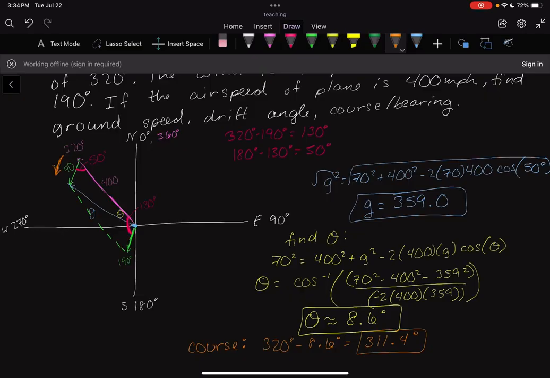It calculates how fast the wind is going and how far off track we're actually being pushed. So the computer does it for us." However, she said that one time when she was flying, the computer went out and she thought maybe it could have been helpful to know how to do it because she did almost get lost.